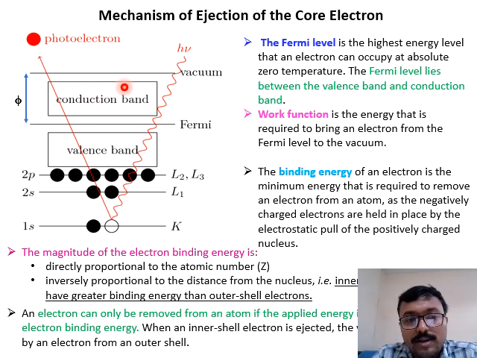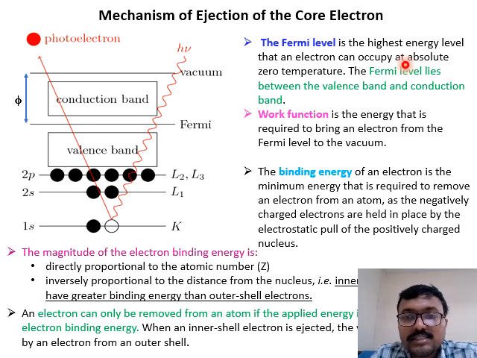Valence band, conduction band. In between the valence band and conduction band, there is one level, and that level is called the Fermi level. So what is the Fermi level?